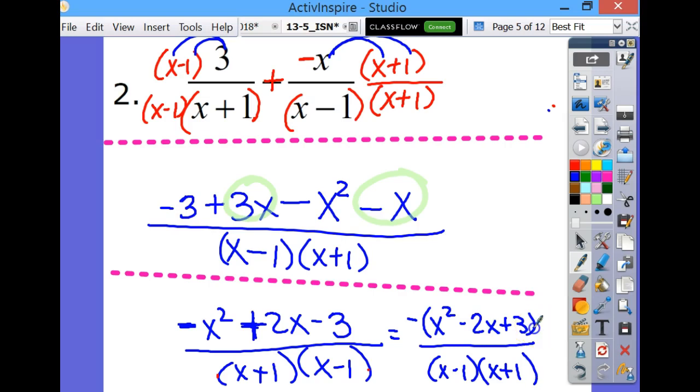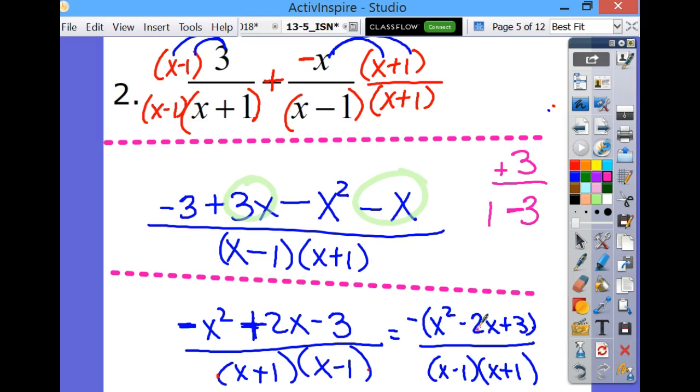So I need to see if that will factor. So I multiply the first term times the last term, and I get a positive 3. The factors of 3 are 1 and 3. If I put the signs in like that, it does add up to be a negative 2.